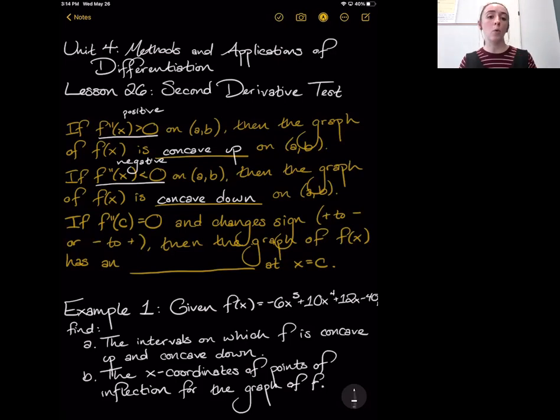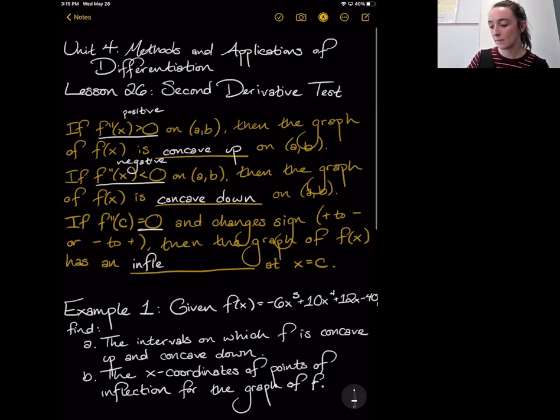There is one more key term that we are going to utilize in today's lesson. If f double prime, the second derivative, at some x value c is equal to 0, and if the second derivative changes sign, so if it changes from positive to negative or from negative to positive, then the graph of f, the original function, will have something called an inflection point at that x value.